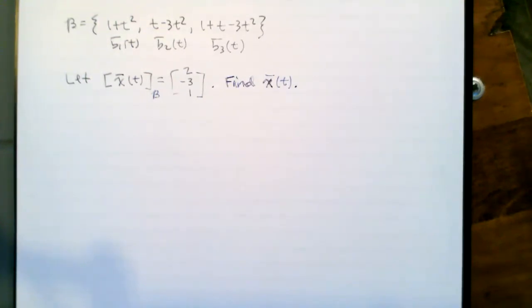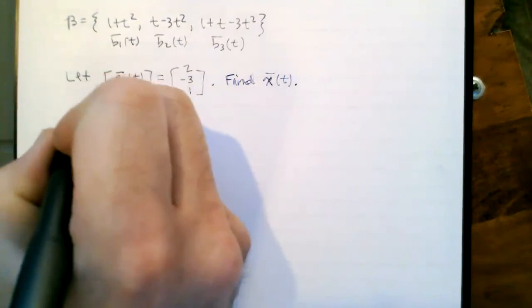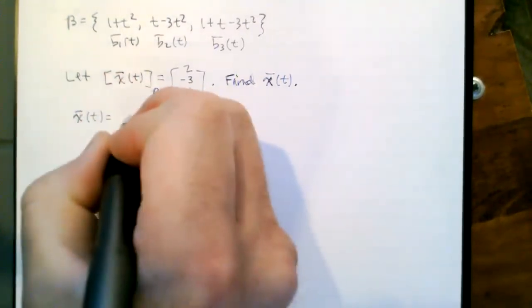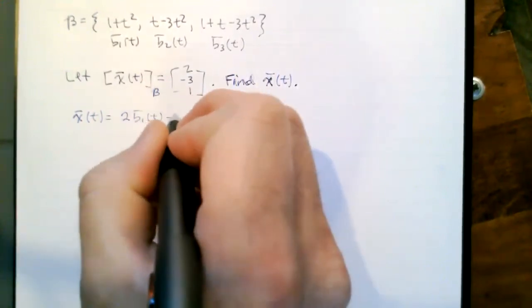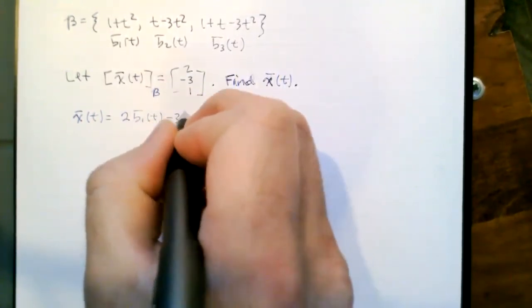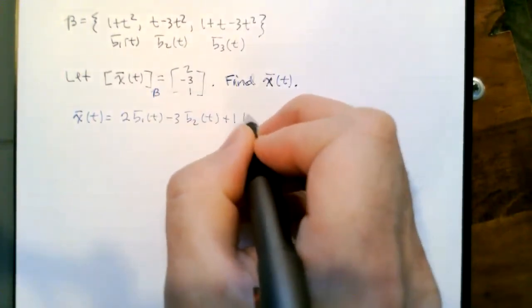One thing that we can do is just take these coordinates and read what the coordinates are telling us, what the coordinates mean. It's 2 times the first vector minus 3 times the second vector plus 1 times the third vector. So x of t is just 2 times b1 of t minus 3 times b2 of t plus 1 times b3 of t.